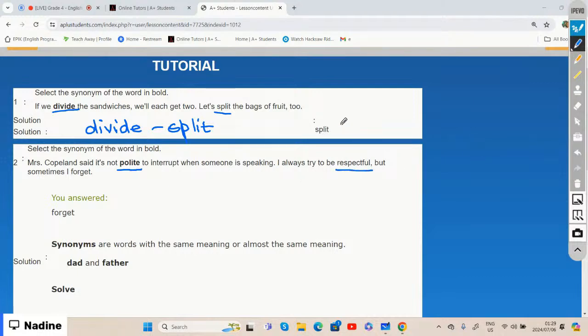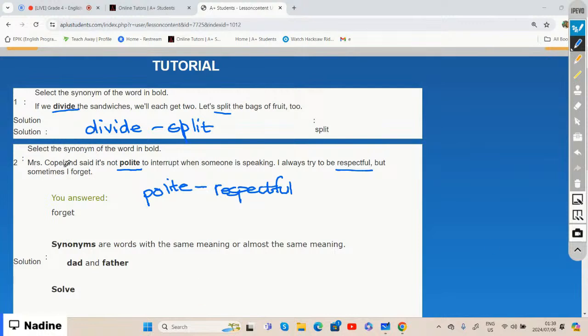So, respectful is the same as saying you are being polite. The synonym of polite is to be respectful, right? It's like be nice, be respectful, be polite. That is what it means, right?